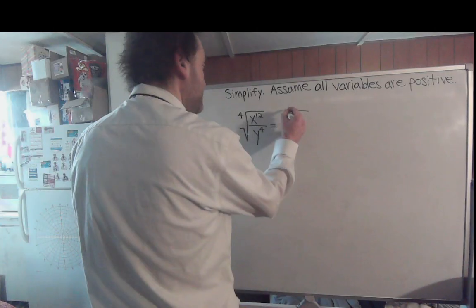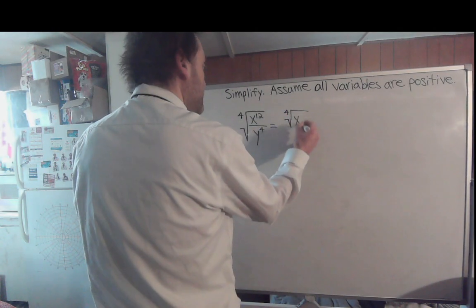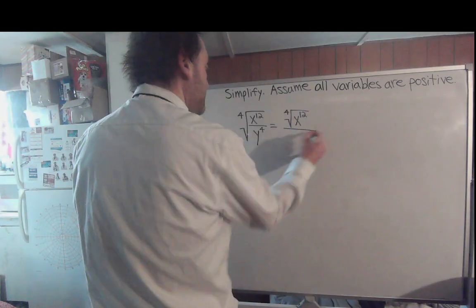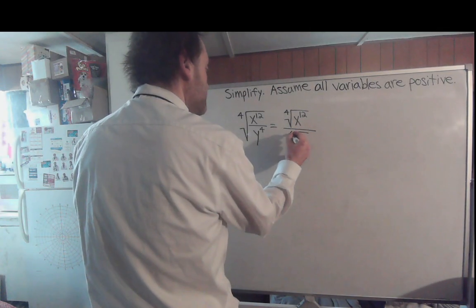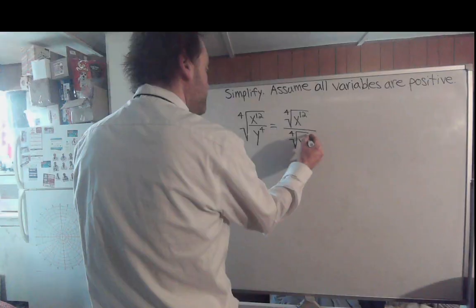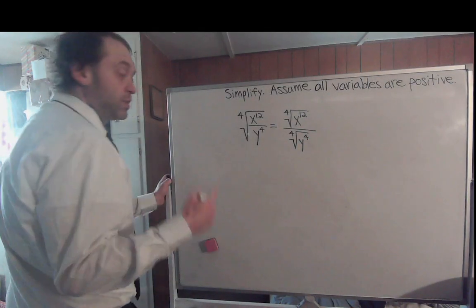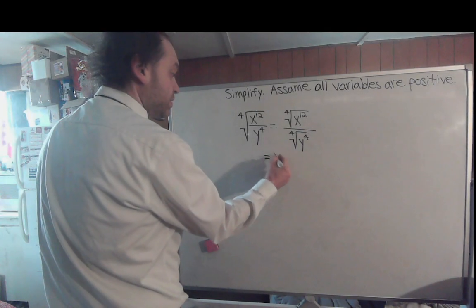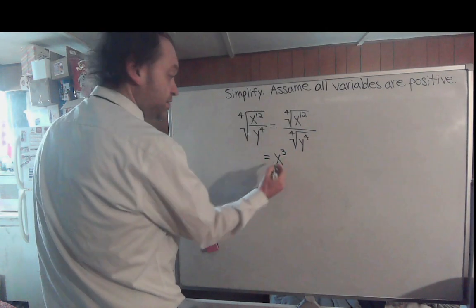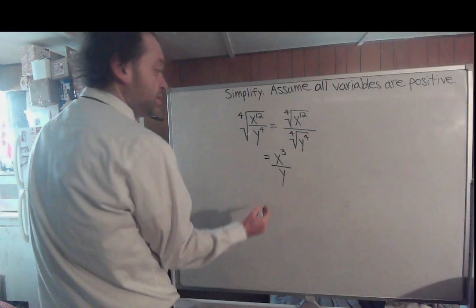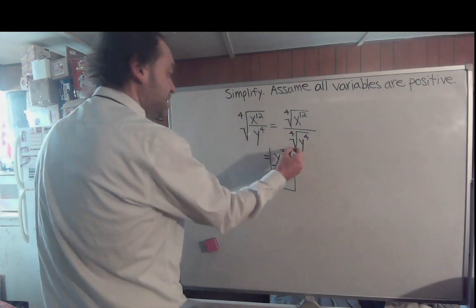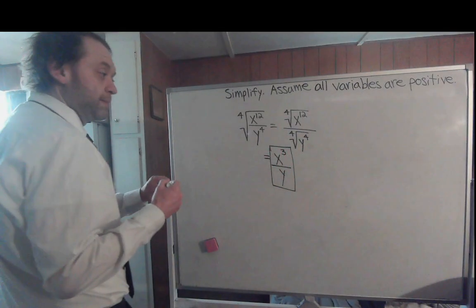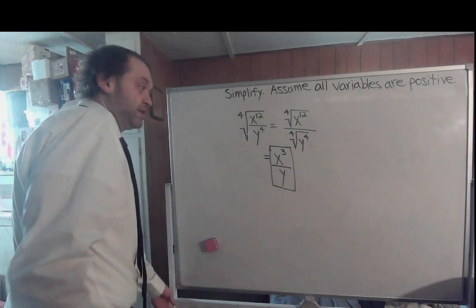This would be the same as the fourth root of x to the 12th divided by the fourth root of y to the fourth. Well, what's the fourth root of x to the 12th? That would be x to the third, right? Fourth root of y to the fourth is just y. So this would simplify down into x to the third over y. Also easy enough in the end.